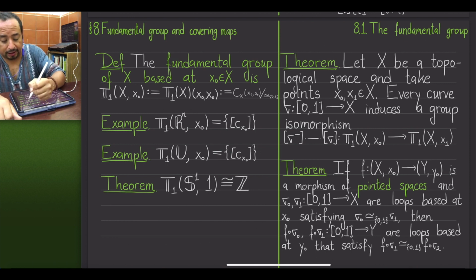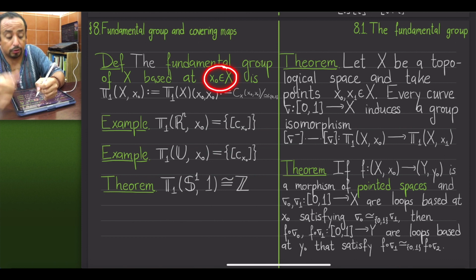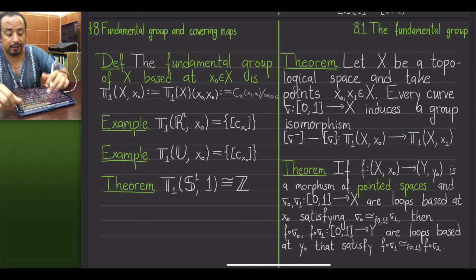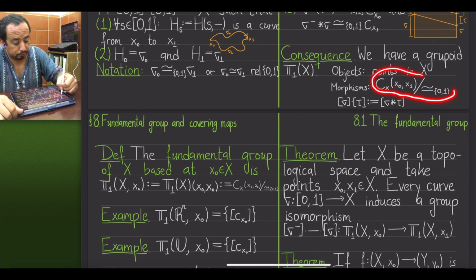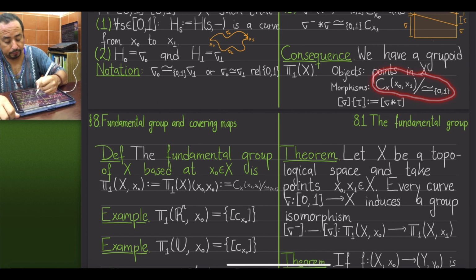Well, let's take a point. Its endomorphism set, according to this groupoid, is simply the set of all curves from x0 to itself modulo homotopy relative to endpoints, like what is written here.